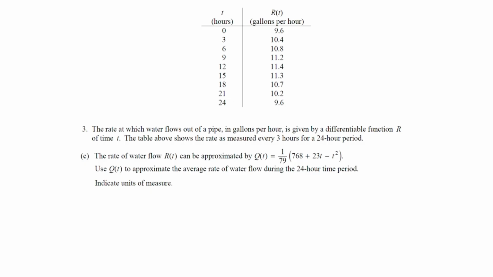Well, the average of Q should just be, this is the mean value theorem for integrals, 1 over 24 minus 0 times the integral from 0 to 24 of Q of t dt. And of course, since this is a calculator question, we can just use our calculator to approximate what that is. And so we'll go into our calculator.